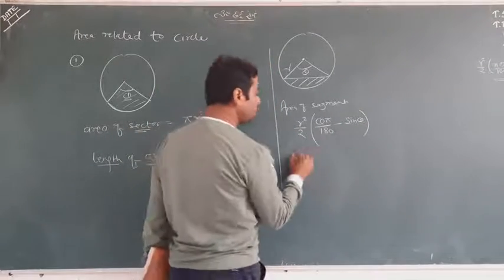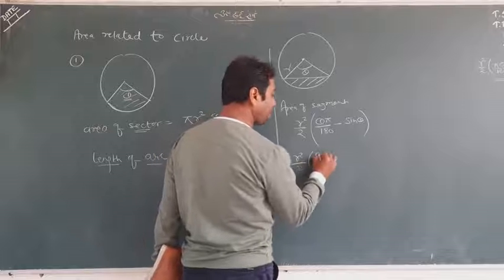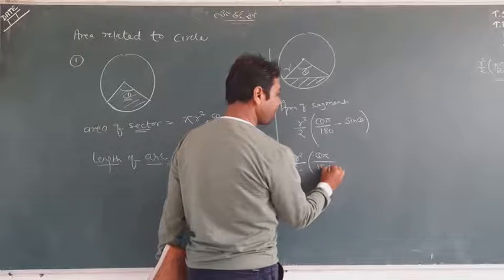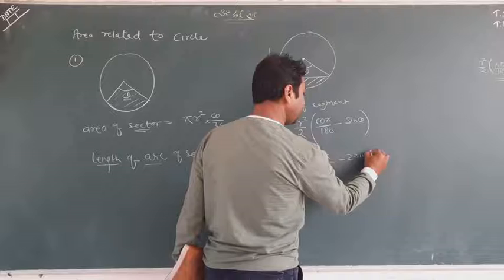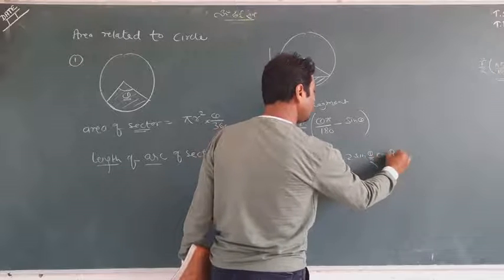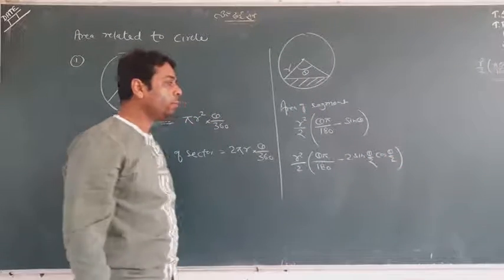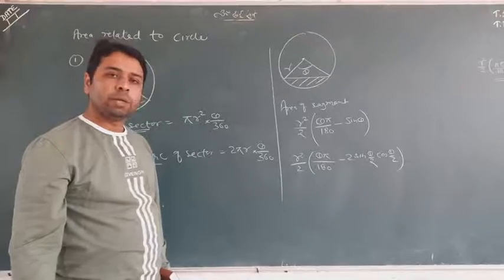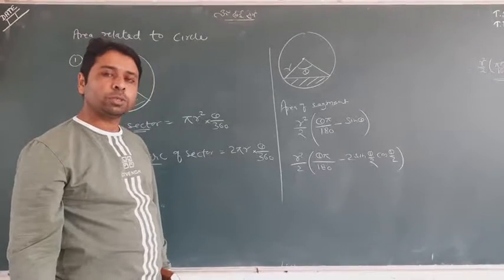Instead of this formula, you also can use this formula, 2 sine theta by 2 cos theta by 2. It's up to you which one you want to use.